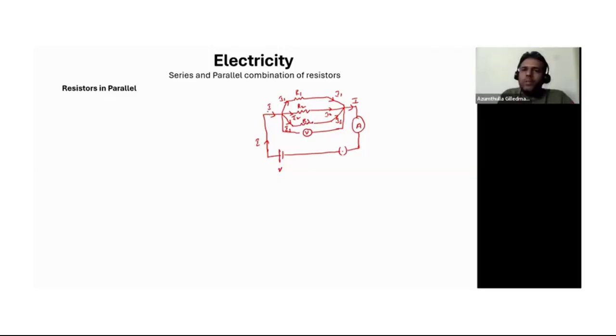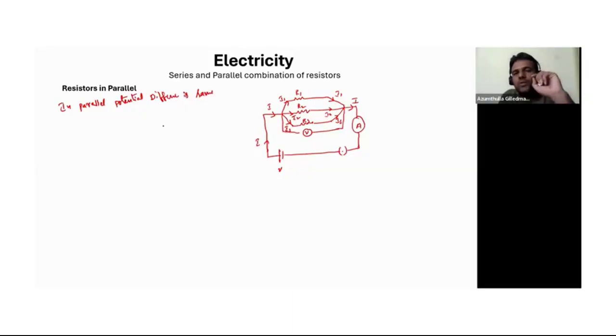So what is happening across the resistors, different amount of current is going here. You understood? So here, what is constant in a parallel connection? The potential difference is constant. So in series, sorry, in parallel, potential difference is same or constant.